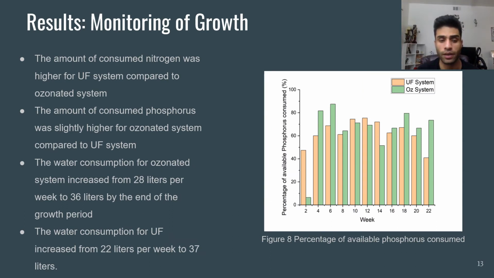Moving to the results, during the growth period, nitrogen, phosphorus, and many other factors explained earlier were monitored during that period. This graph shows the percentage of available phosphorus that was consumed bi-weekly.